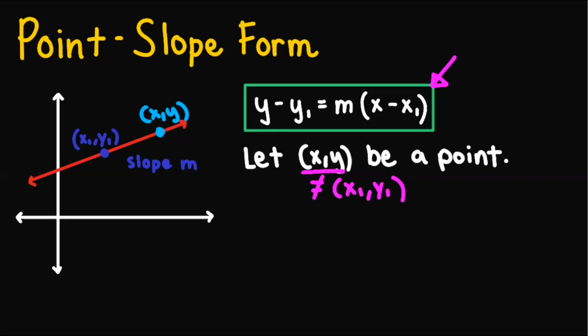If xy is equal to our given point, then by applying the slope formula, we'll not be able to obtain the slope, since by slope formula that will simply be y minus y sub 1 over x minus x sub 1, but when they are the same, this becomes 0 over 0, so we can't really obtain anything.